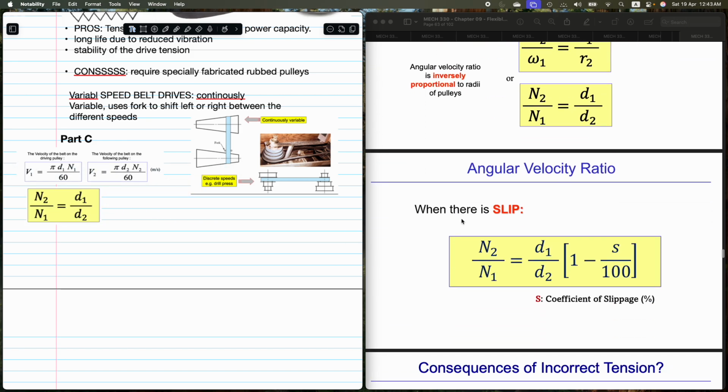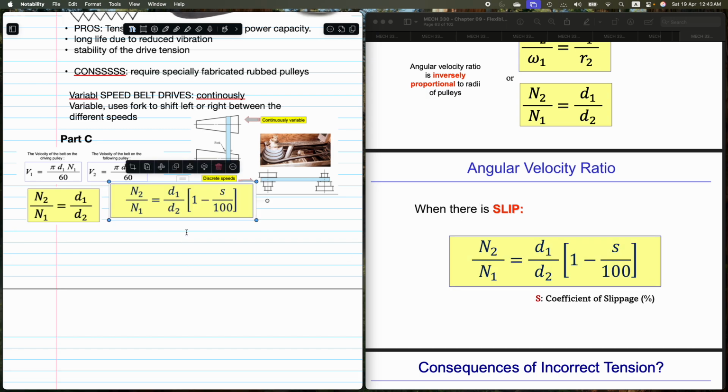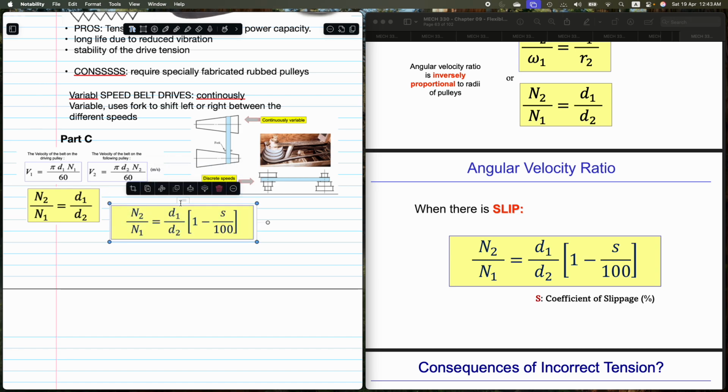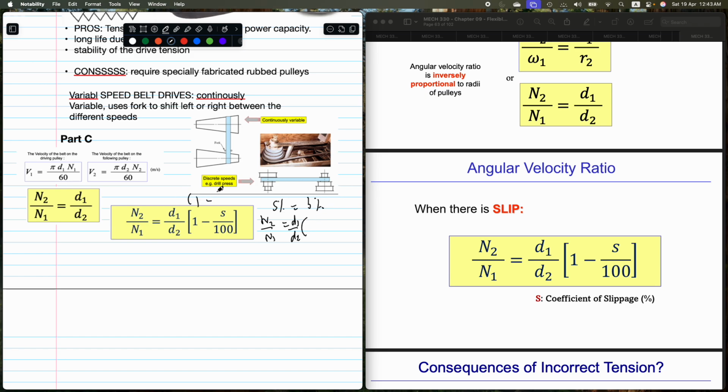When there is a slip, for example, it depends on how much, at which drive. Say slip S is 3%. N2 over N1 equals d1 over d2 times 1 minus 3 over 100, which is 0.97.